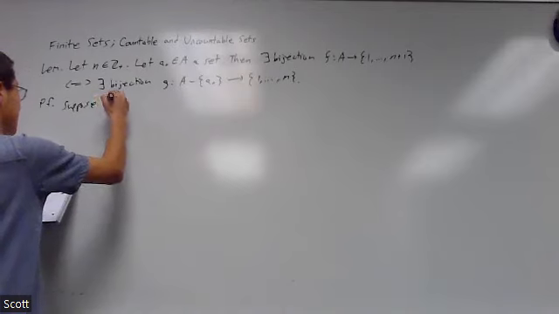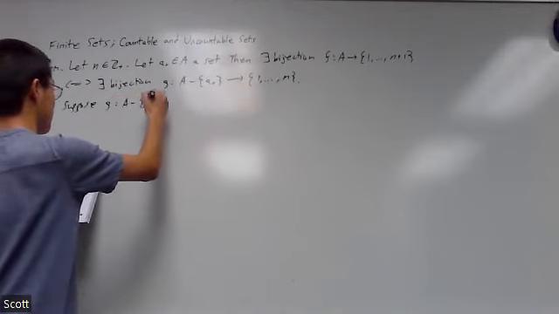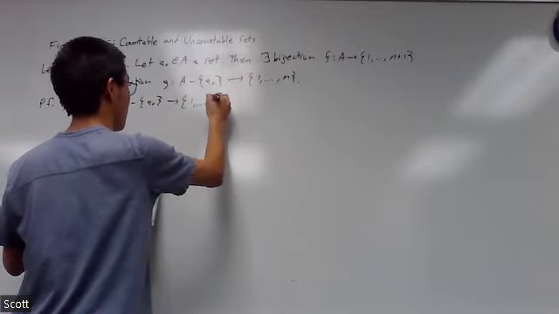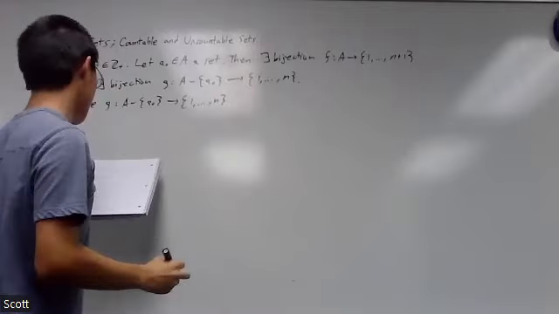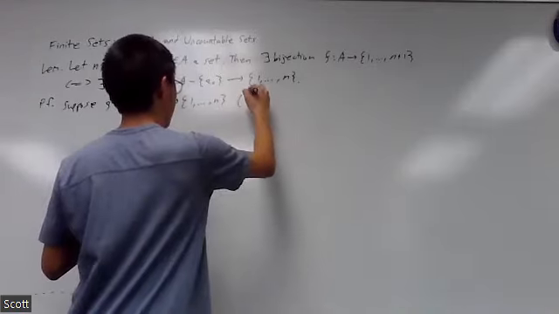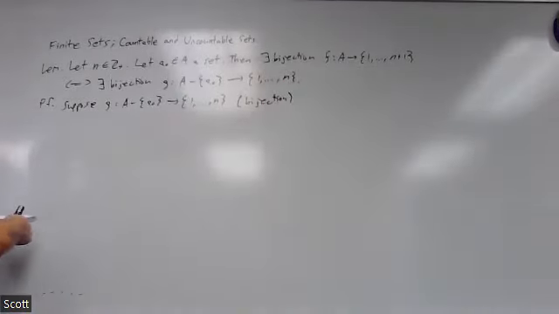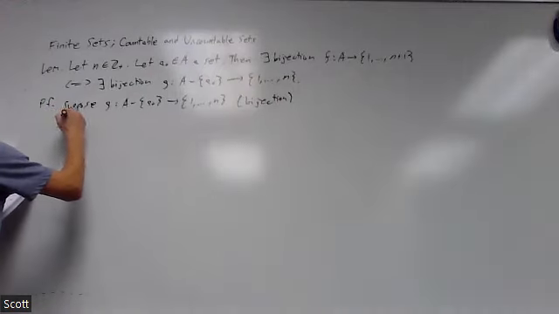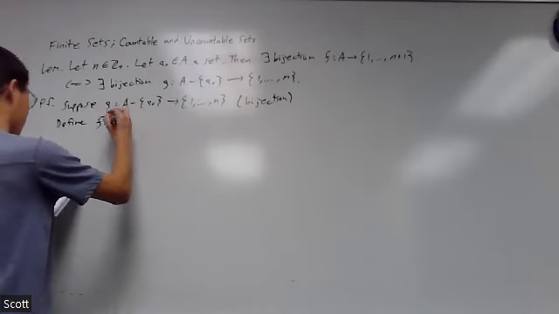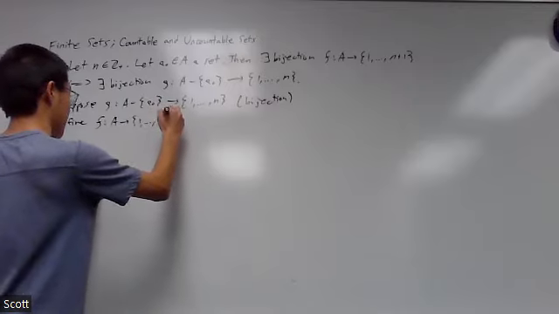We suppose that g takes A without a naught to 1 to n, and this is a bijection itself. We're then going to define f from A to 1 to n plus 1.